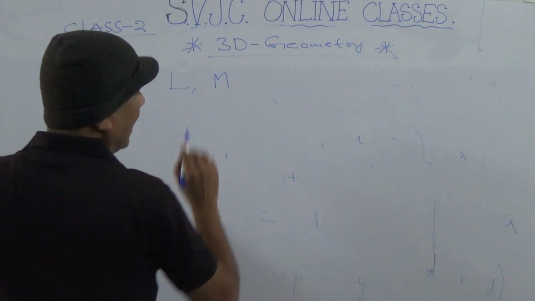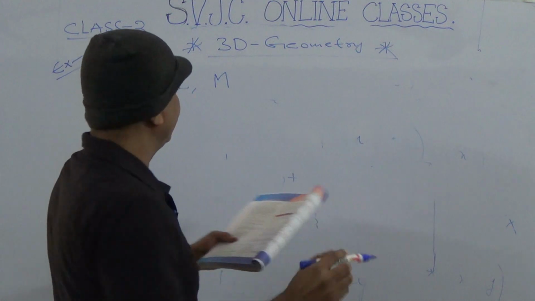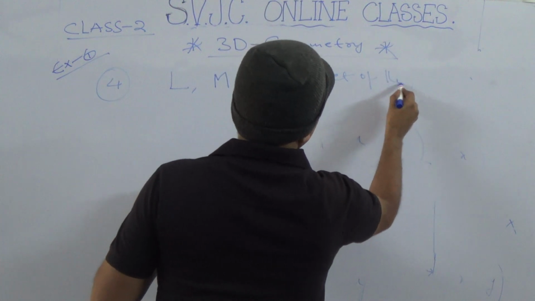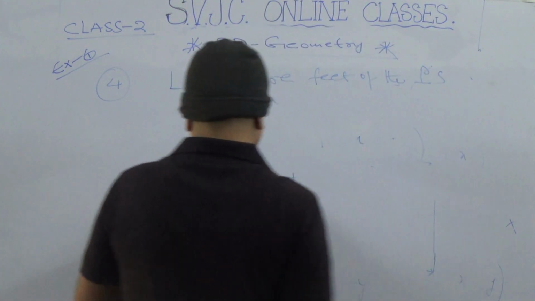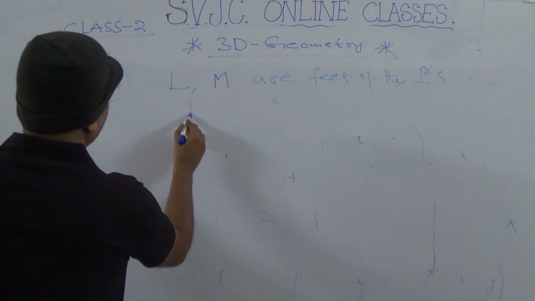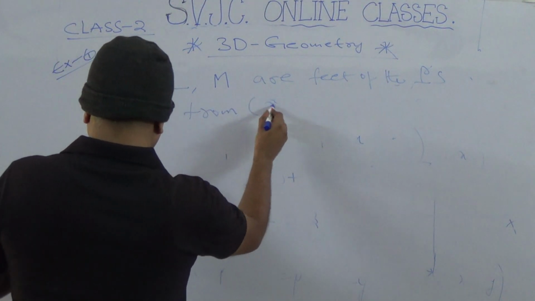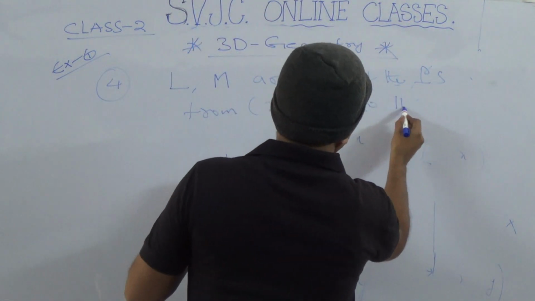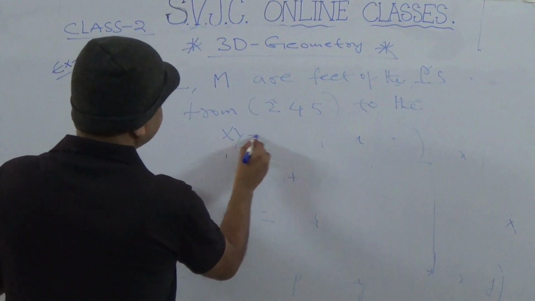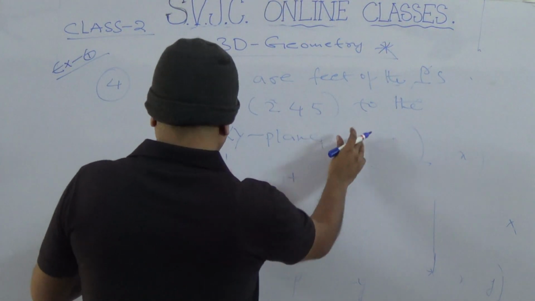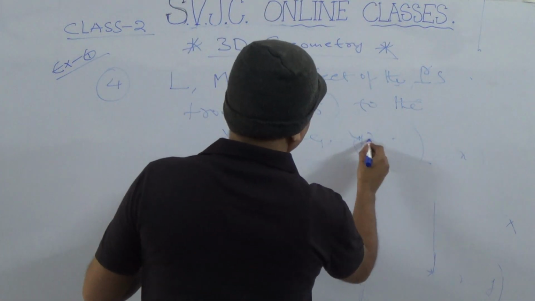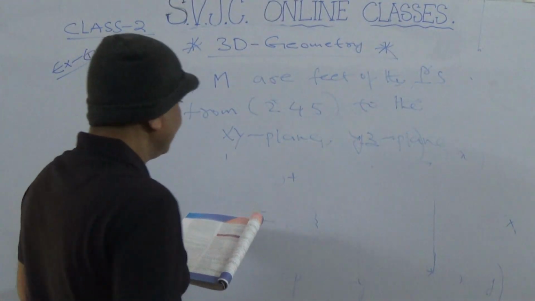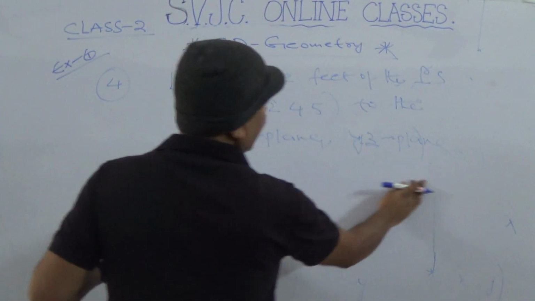L, M are the feet of the perpendiculars from (2, 4, 5) to the xy plane and the yz plane respectively.